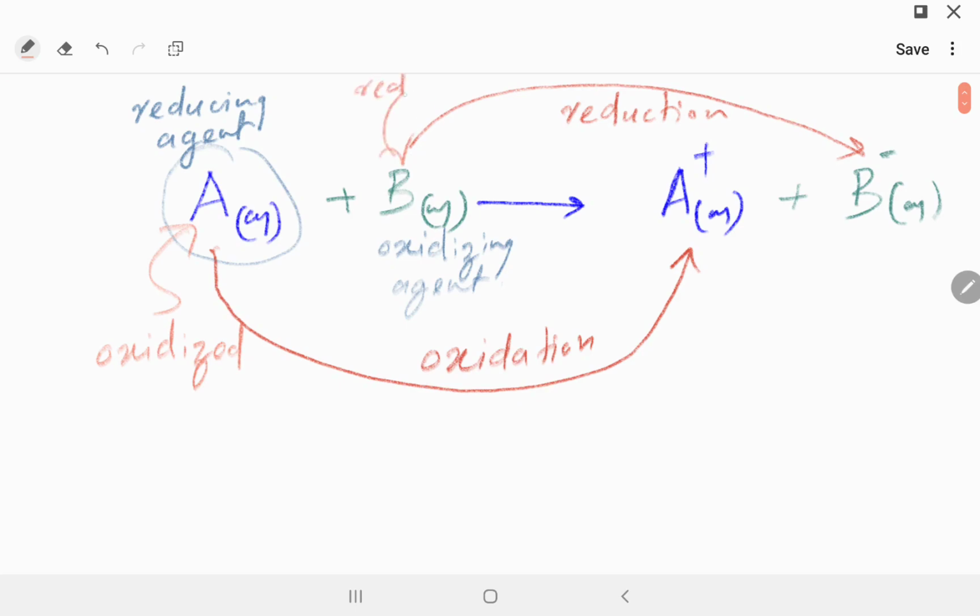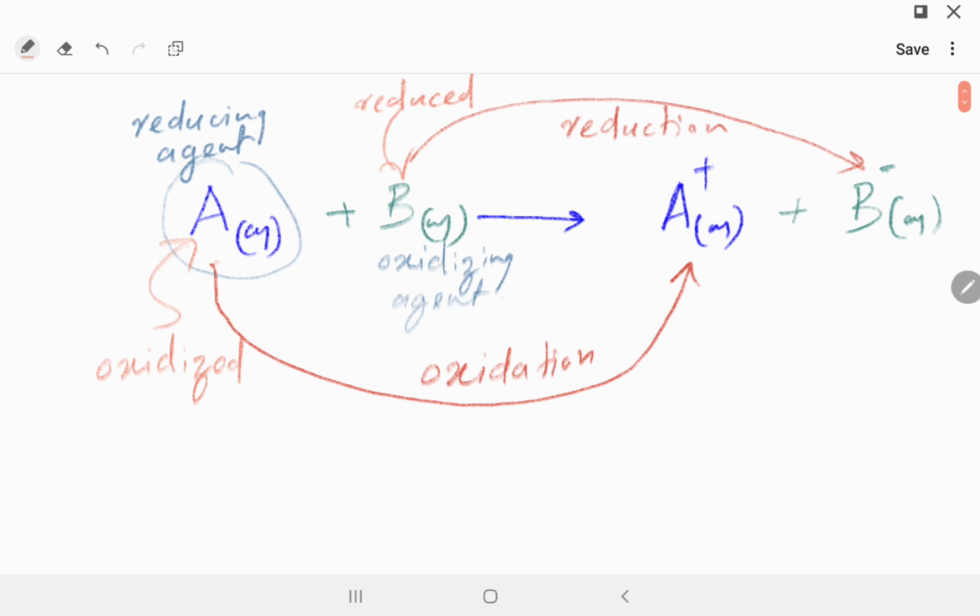So you might want to remember these technical terms, because when we talk about oxidation reduction reactions, we will use these technical terms. So it is important that you remember these terms.